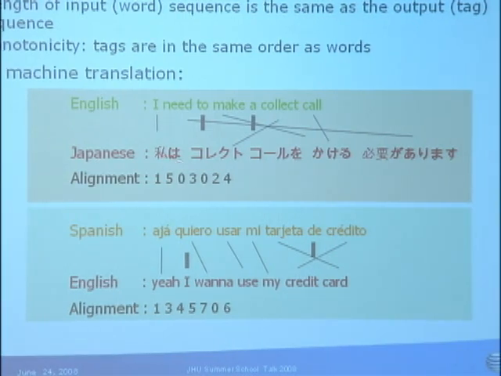I guess this is watashi wa. Am I right? I just know that one. Anyway, what you're trying to do is basically draw lines between words and its image in the other language. So that's the alignment problem.